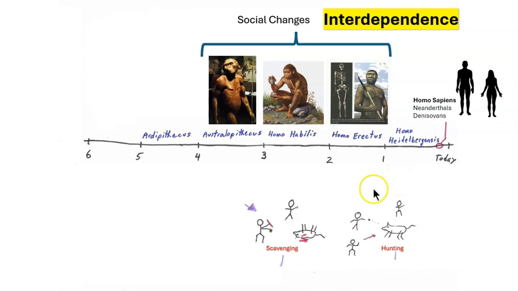And this means that individuals had to rely on each other to learn certain skills and to be motivated to help out when they could to meet the goals of the group. So whether you're scavenging or hunting, you have to be cooperating with your group mates to achieve success. And so this is a key change in the way our human ancestors had to make a living.